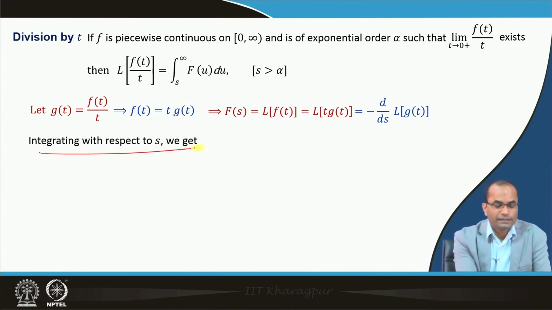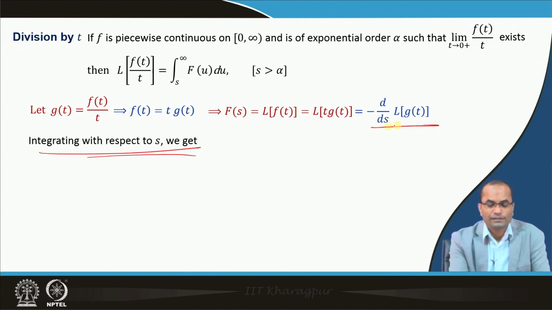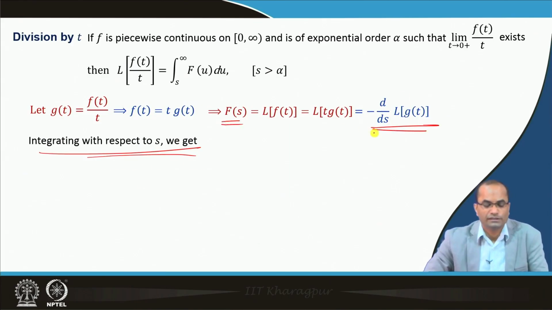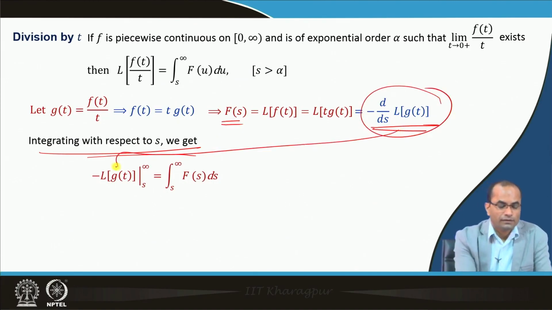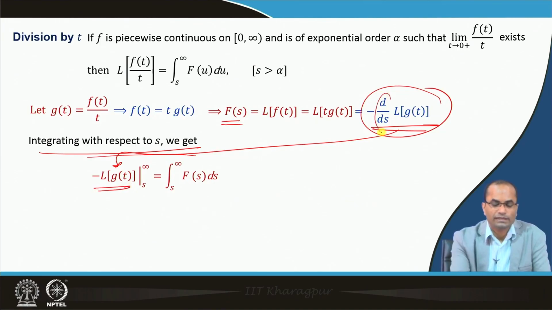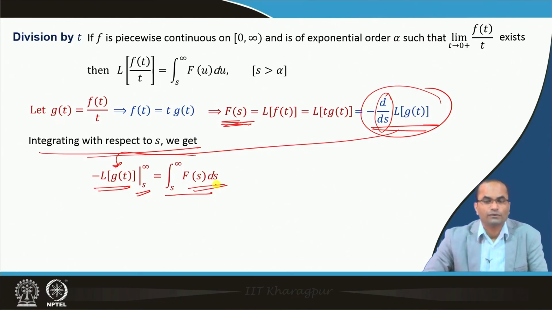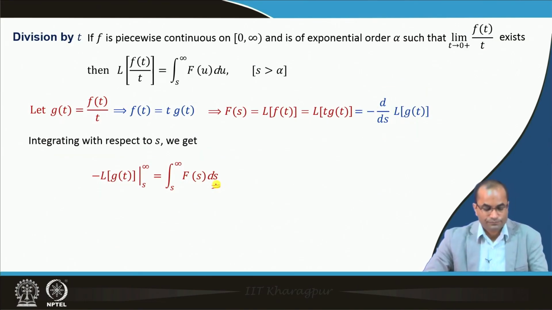Well, if we integrate now with respect to s this relation f s is equal to minus d over d s Laplace of g t, then on this side we will get the Laplace of g t, because this derivative will be removed, with the limits s to infinity, and on the right hand side f s will be integrated from s to infinity.